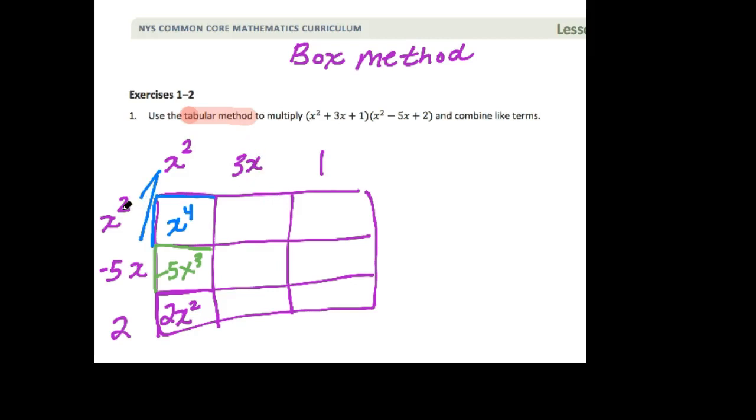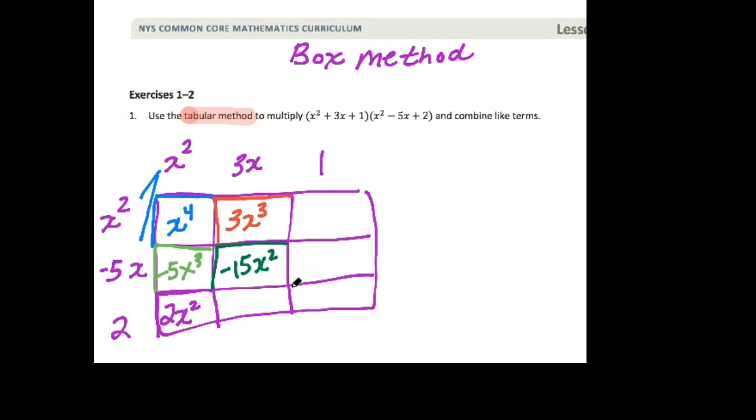Now I go up here to 3x. 3x is going to get multiplied to each one of these terms. So it's really just the distributive property here. We're going to take 3x times x squared, that's the area of this box, so that's 3x cubed. 3x times negative 5x is negative 15x squared.